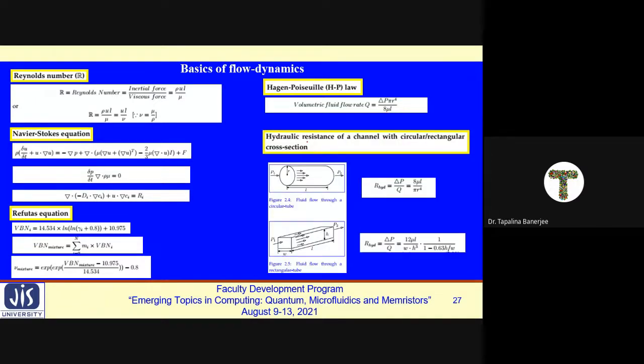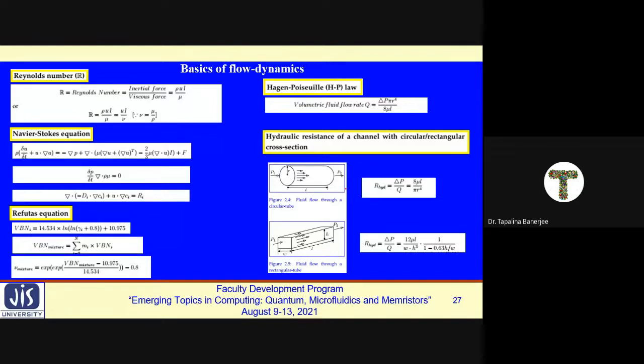Now, if we consider the hydraulic resistance of a channel with circular or rectangular cross-section, these two equations play a very important role. First of all, the analog of Ohm's law of current, which we all know: V equals IR, meaning voltage drop equals current times resistance.